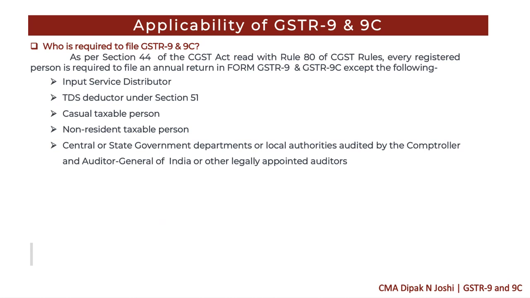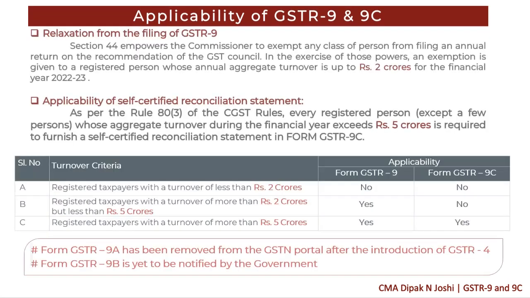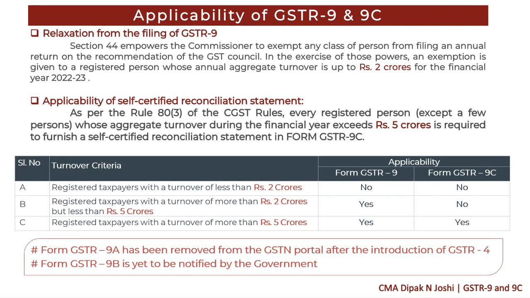Now section 44 also empowers the commissioner to exempt certain categories of taxpayers from filing GSTR 9 and 9C. As per this, for financial year 22-23 also, a registered person whose aggregate turnover during the financial year is up to 2 crores is exempted from the filing of GSTR 9.